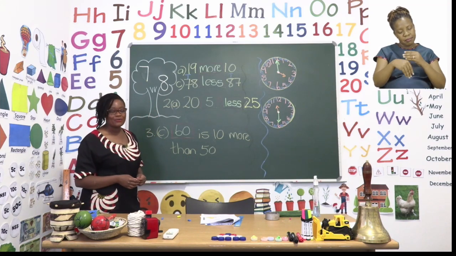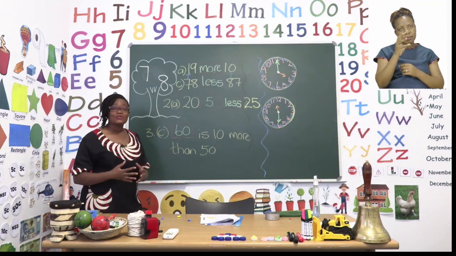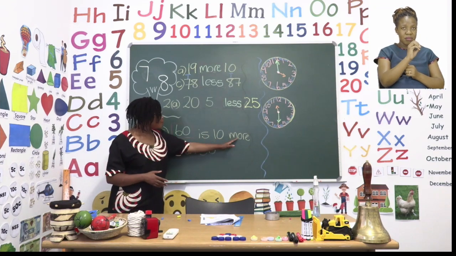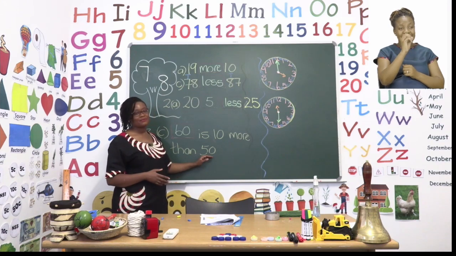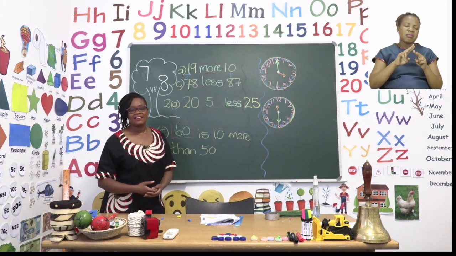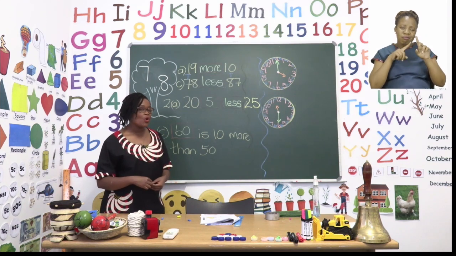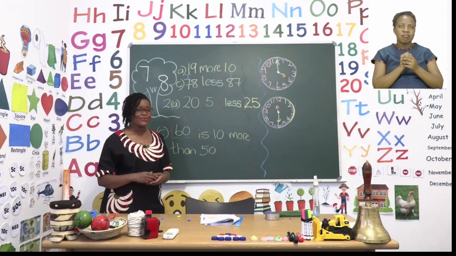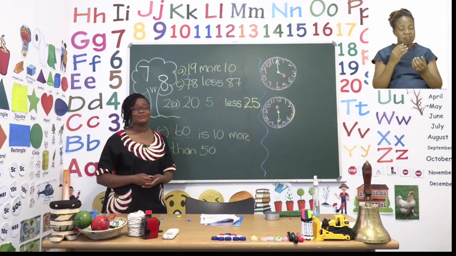So go ahead and write 60. Now your statement will say 60 is 10 more than 50. So take your time, boys and girls, read the statements carefully, know when to use more or less. If you're not sure, you can ask an adult to help you.